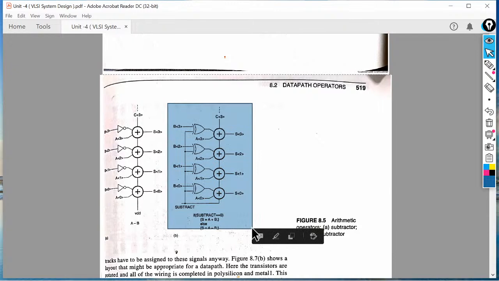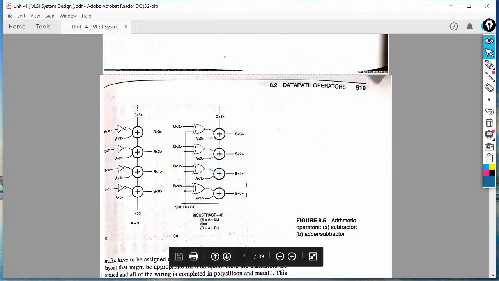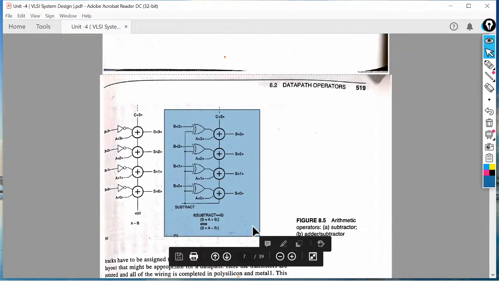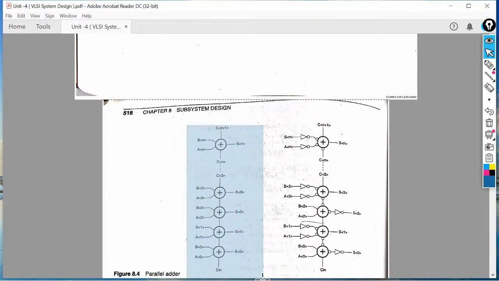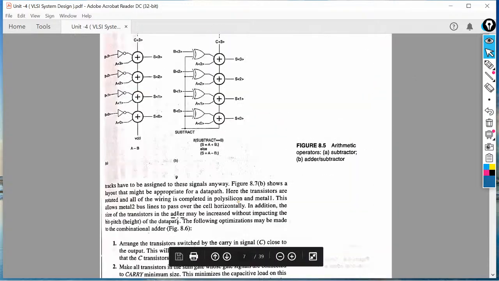For subtraction, first we have to find the two's complement of the second input, and after taking the two's complement, if we add it with the first input, then we will get the subtraction at the output side. So this one is the subtraction operator, the gate level design of a subtractor, and this one is the adder design, used for the addition.